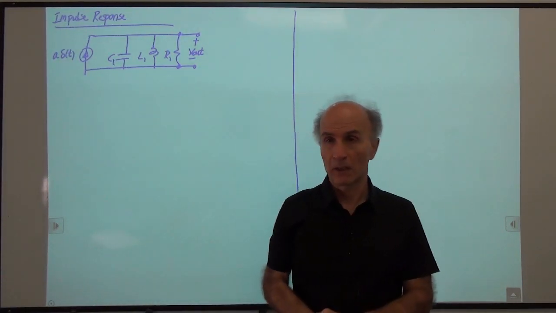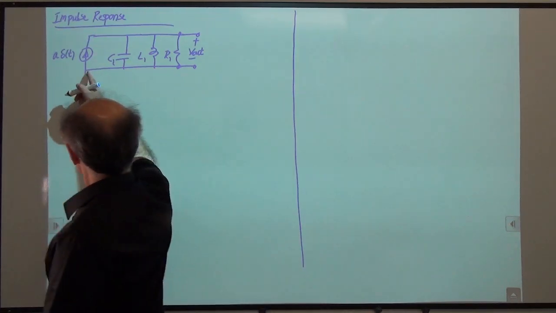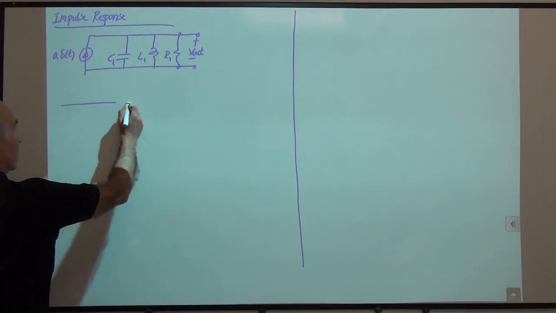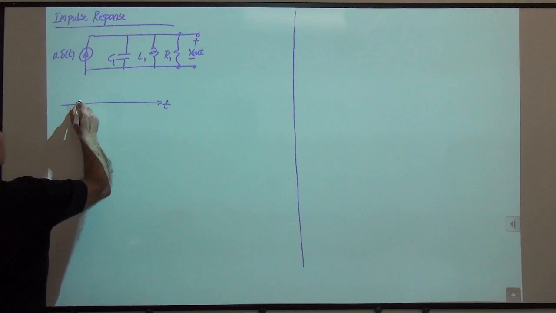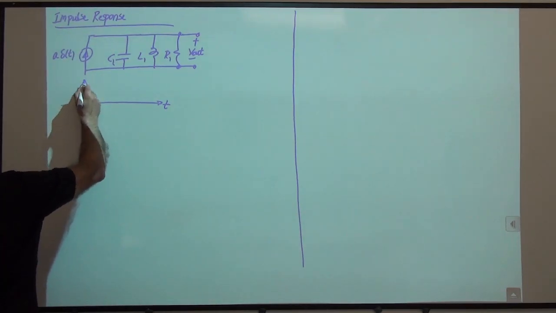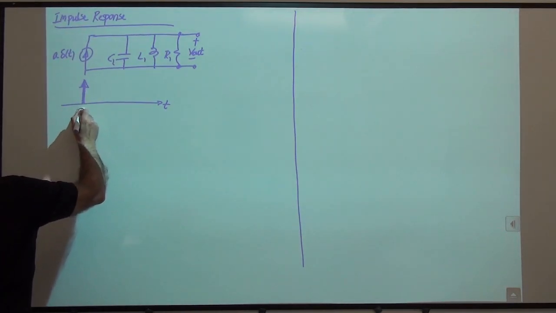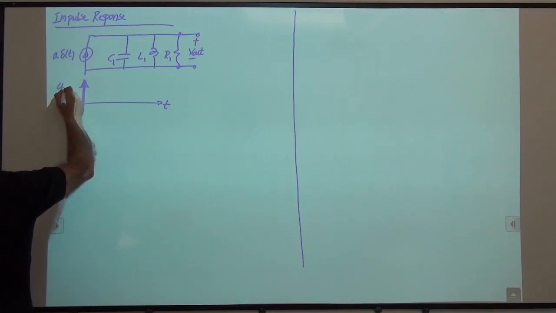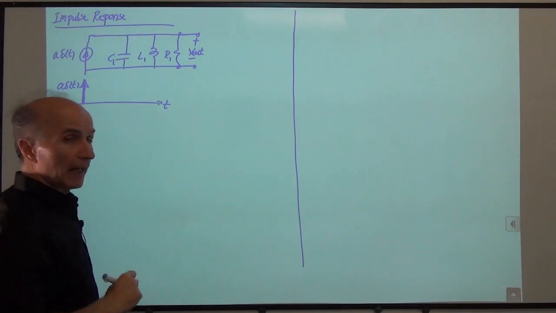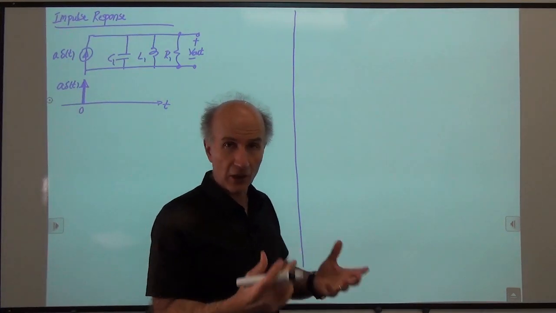All right, so what's happening is that this current source arrives like this as a function of time. At time 0, we have this impulse with an area of A, little a, and this impulse comes to the circuit as a current.